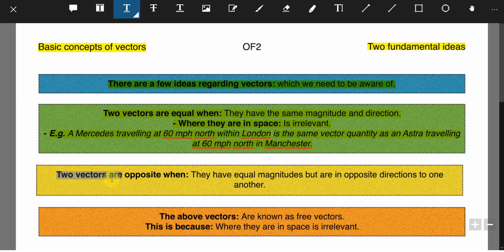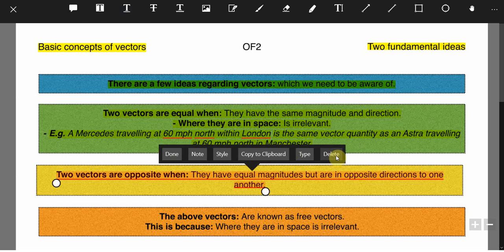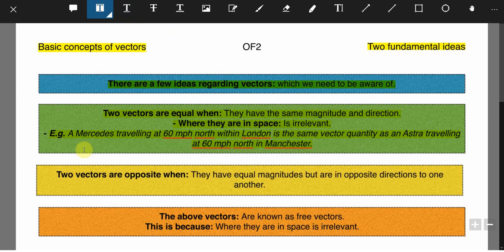Next then, we have two vectors which are opposite. They're opposite when they have equal magnitudes but are in opposite directions to one another. I've not written an example here because it's fairly self-explanatory. But basically, think about the exact same example from above.